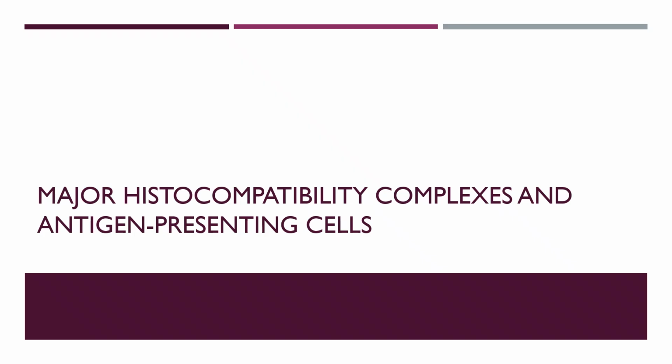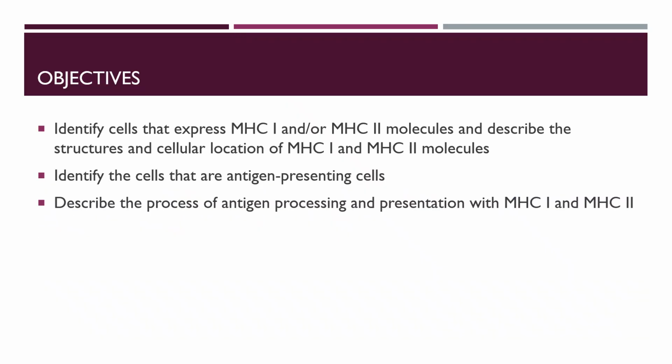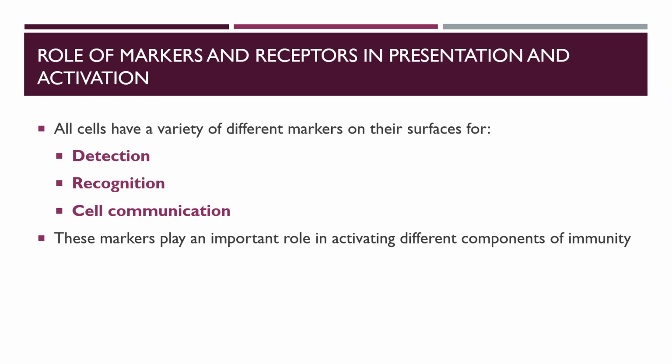All right. Let's talk a little bit about major histocompatibility complexes and antigen presenting cells. So again, our objectives. So all cells have a variety of flags or markers on their surface. Those are used for detection, they're used for recognition, and they're used for communication.